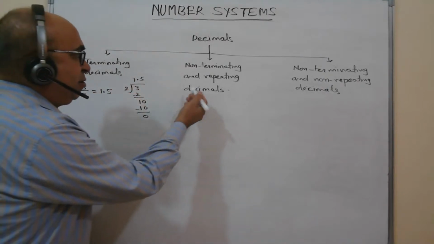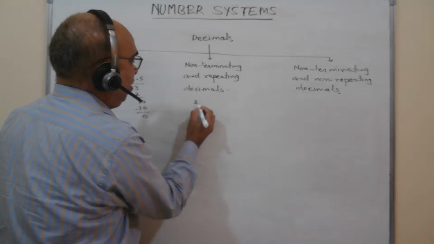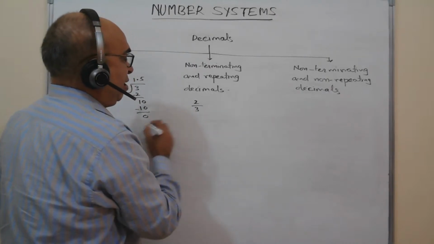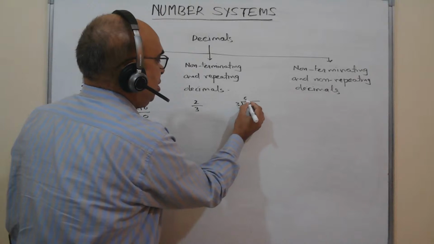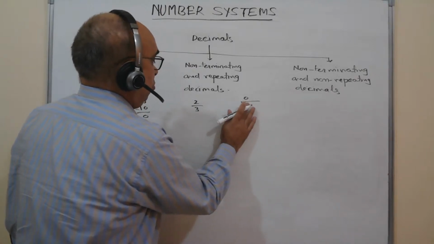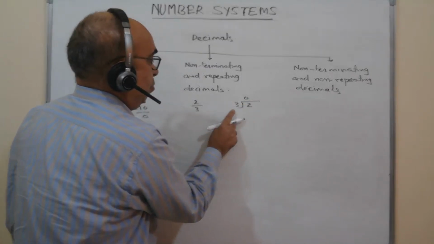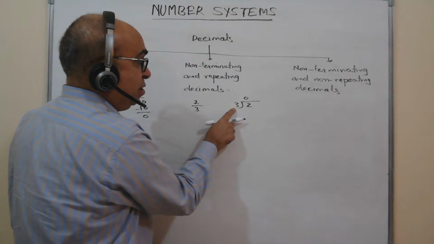Now for a non-terminating decimal, for example, if you divide 2 by 3, divide it 0 times, because it is less than the divisor.